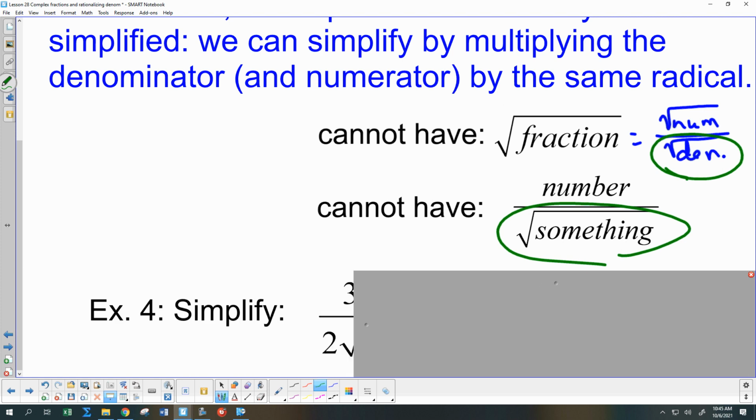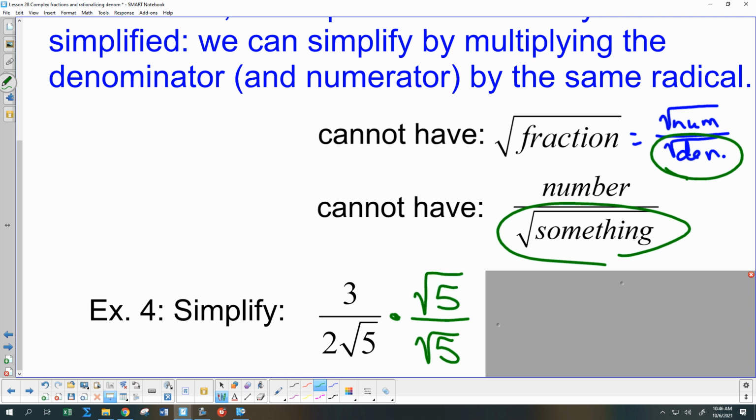So if I had 3 over 2 root 5, who remembers how we get rid of the root 5 in the denominator? Ricky? Okay, we're going to multiply numerator and denominator by root 5 to get rid of the root 5 in the denominator.